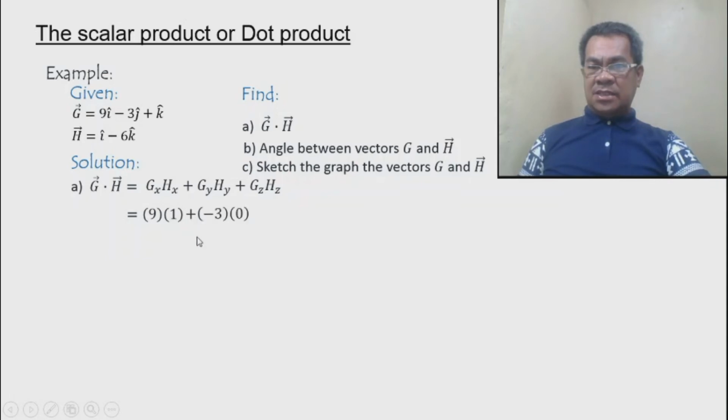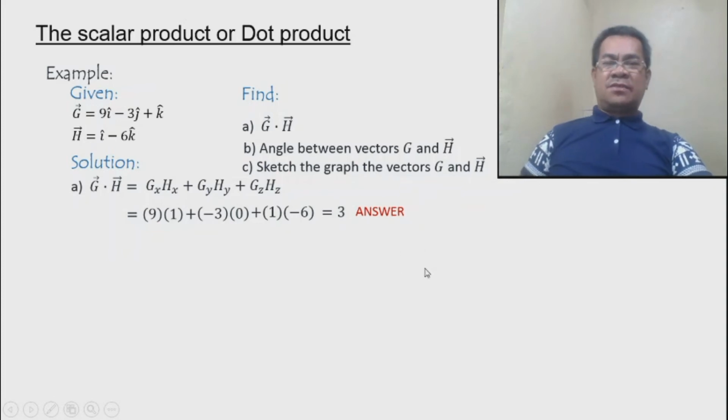Then plus negative 3 for z, but in h there's no y component, so this must be 0. Here is negative 3 multiplied by 0. Take note, this will become 0. Plus 1 for z, and this is negative 6. So that's it, this is 0. Don't include this. So this is 9 plus negative 6 equals 3.